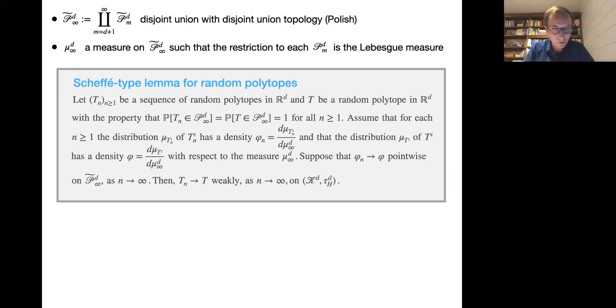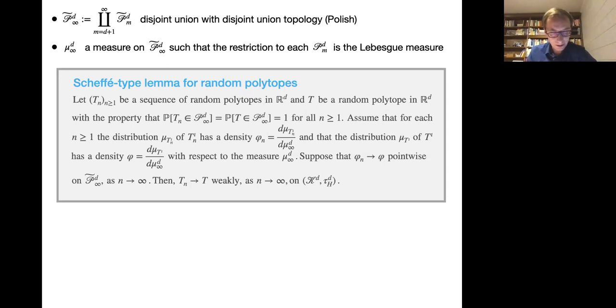And that's exactly what we want to do. This is called the Scheffé type lemma for random polytopes. Scheffé's lemma is the statement that tells you if you have real valued random variables that have a density with respect to the Lebesgue measure and you want to prove weak convergence, then you can prove pointwise convergence of the densities. Now we lift this idea to convergence of polytopes. Suppose that you have a sequence of random polytopes in R^d and another random polytope in R^d.